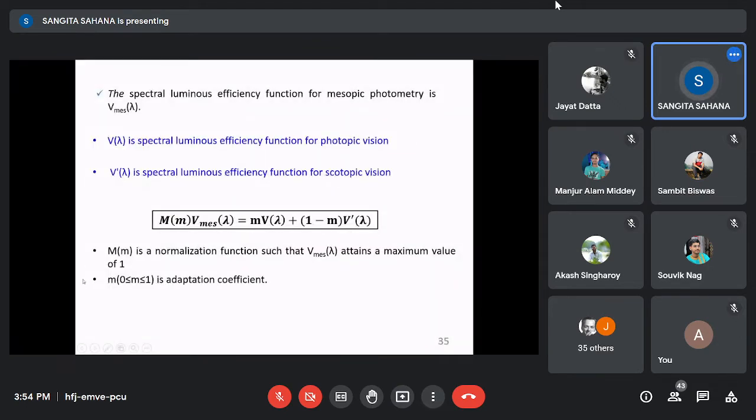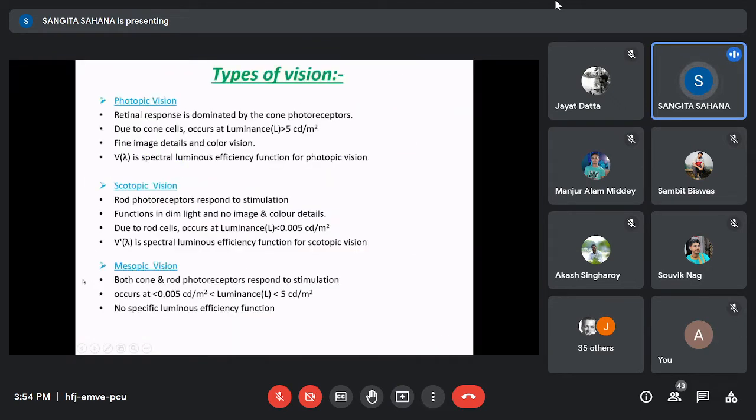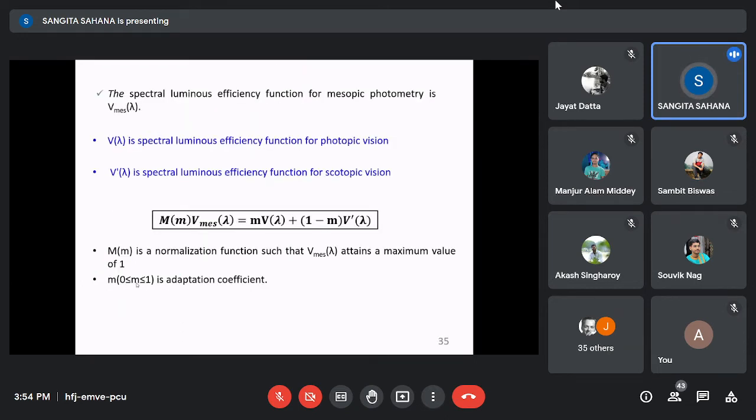So next is, as I told that for photopic vision we have V lambda, for scotopic vision we have V dash lambda, but for mesopic vision both V lambda and V dash lambda. If it's more light, if it's towards the photopic vision, V lambda is more prominent there, and if it's towards the dark vision or scotopic vision, then V dash lambda will be dominating.